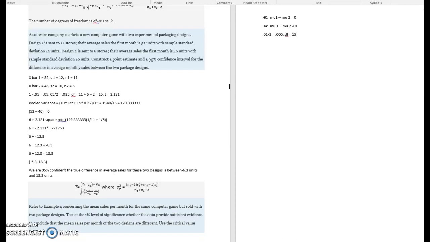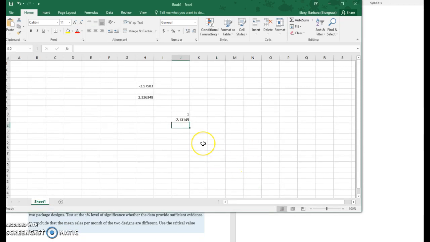All right, so with that in mind, let's use the t function in Excel. We'll have t.inv, and we want 0.005 with 15 degrees of freedom. Oops, I forgot my equal sign. Which gives me negative 2.947.